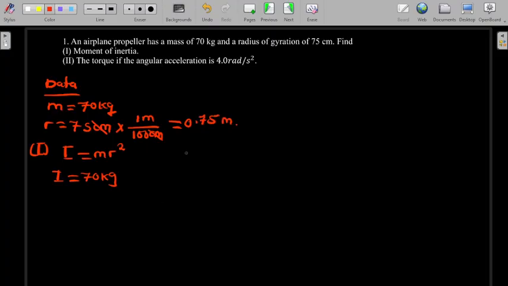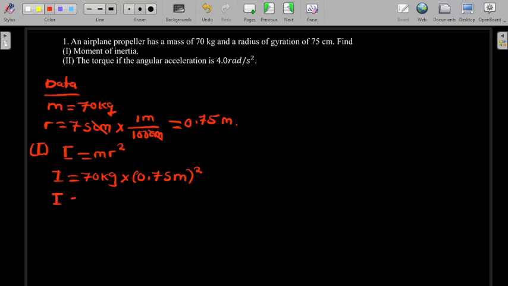Now we substitute with the radius in meters that we have converted, so times 0.75 meters. Remember to square that, because the radius is squared whenever we're finding the moment of inertia.